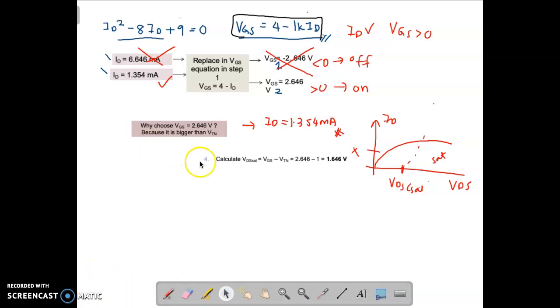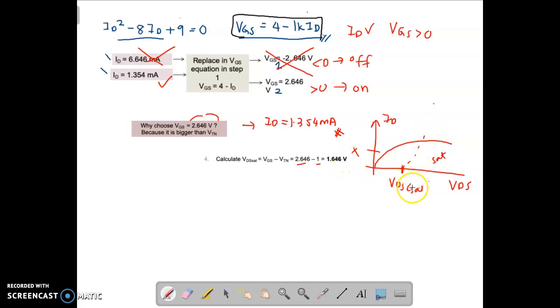Here is how you find it: VDS saturation is equal to VGS minus VTN. What is your VGS just now, VGS1 or VGS2? You choose VGS2 here. So VGS2 minus your threshold of 1 is 1.646. So you got your VDS set equal to 1.646.